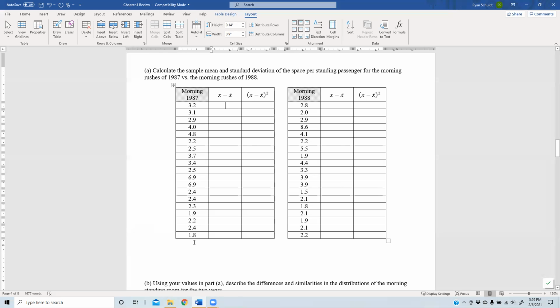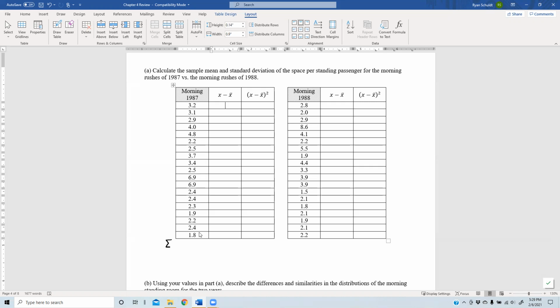So first we need to get the sample mean. To do that, I need to take the sum of each of these.